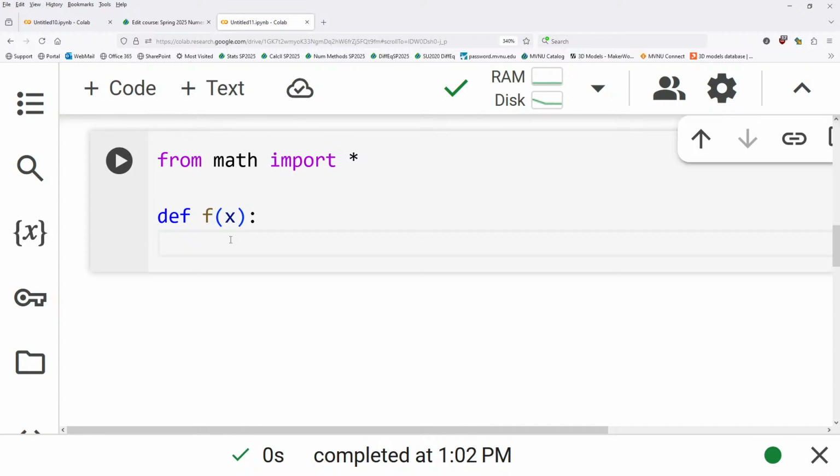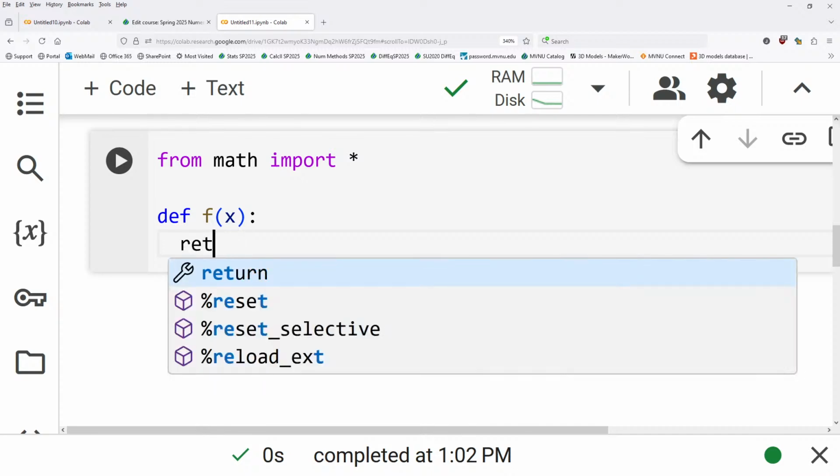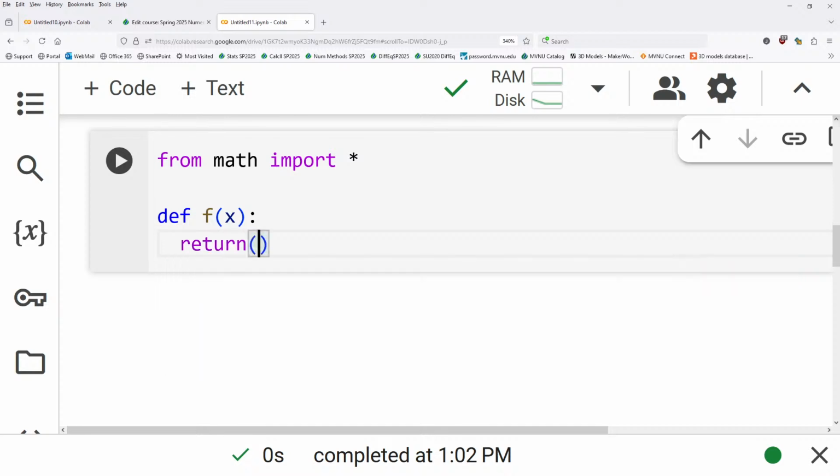So now we have this; let's go over one. I'm going to write just a simple function, but in a bit we're going to let you pick functions. Here's my function: return, and I just picked this one because it was the one I was experimenting with, sine of x plus x minus 0.5.